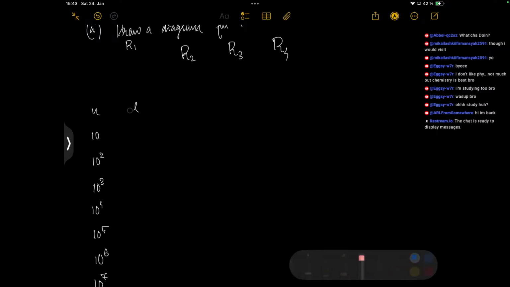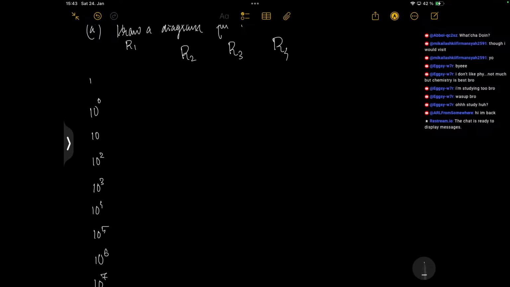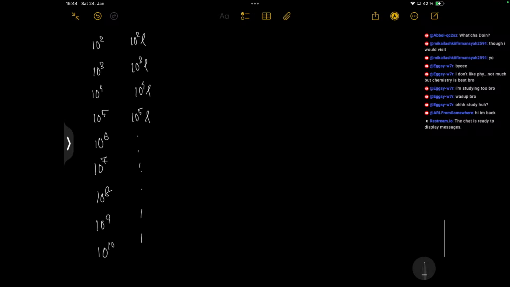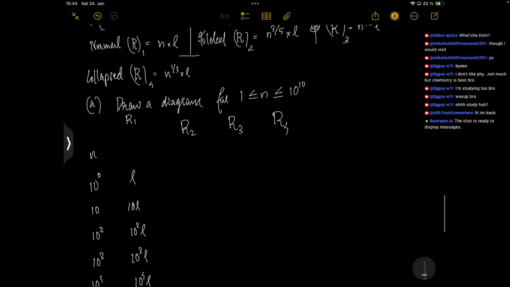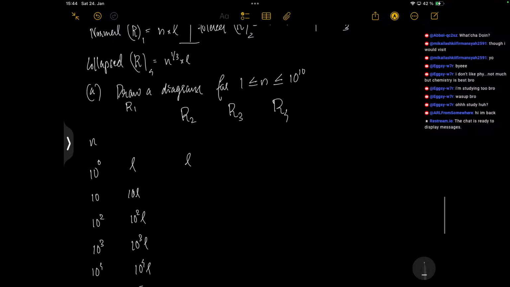There's a small difference. 10 raised to 0, L, 10L, 10 square L. No, the same thing. 10 raised to 4L. R2, what is R2? N raised to 3 by 5. That's L. They all start with L.